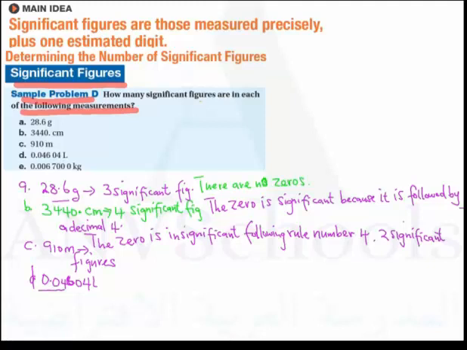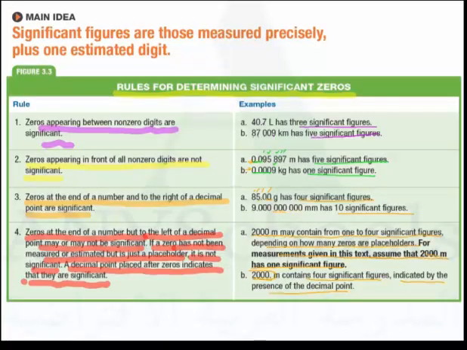Why? Zeros appearing in front of all non-zero digits are not significant. So those zeros become insignificant.